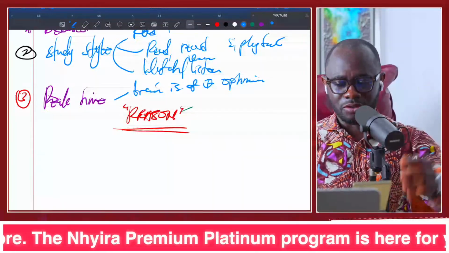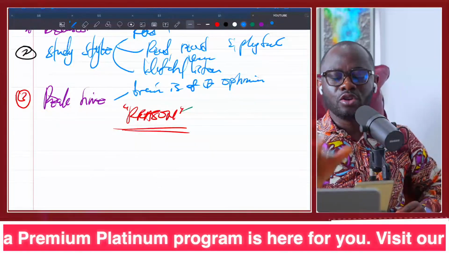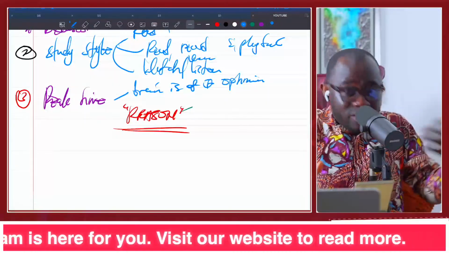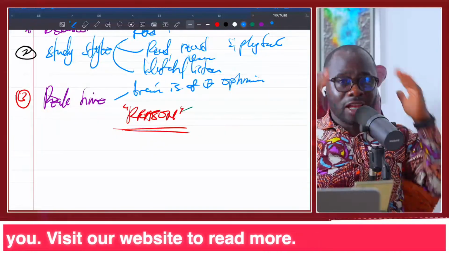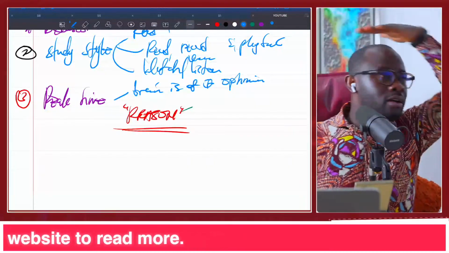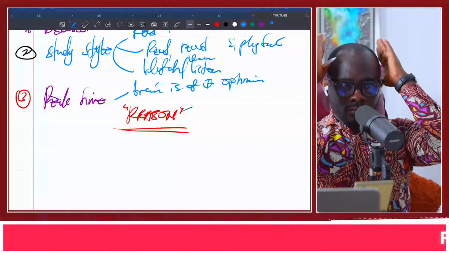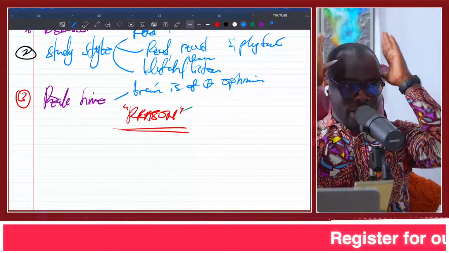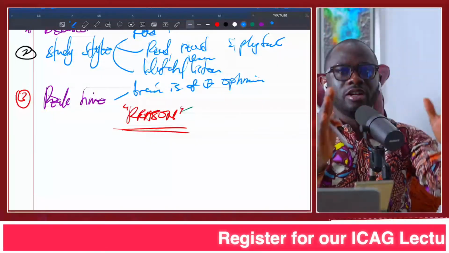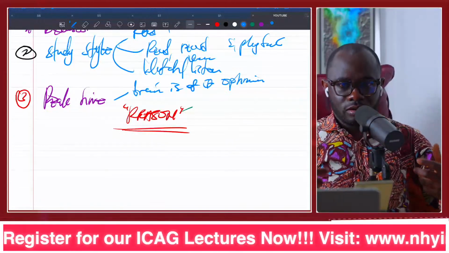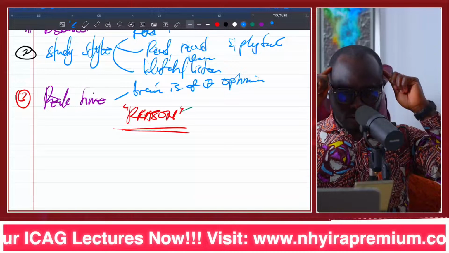Because I tell my students all the time, your brain doesn't know you are learning. Your brain doesn't know what is going on. That is why there are a gazillion thoughts crossing your brain at every time. But you have to tell your brain what to focus on, and the way you do that is to invoke emotions that help control your brain.